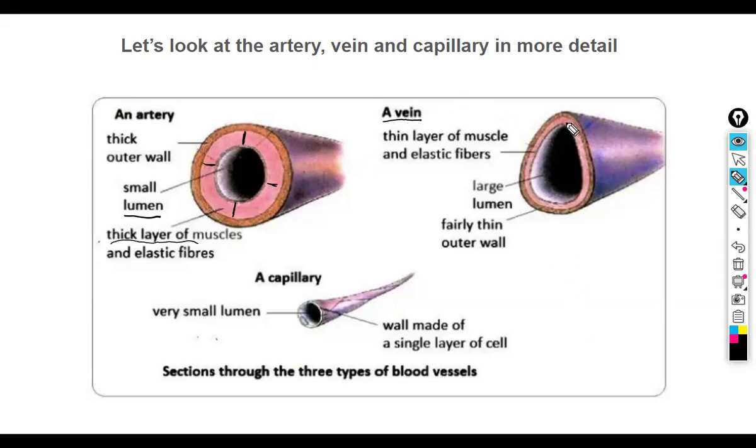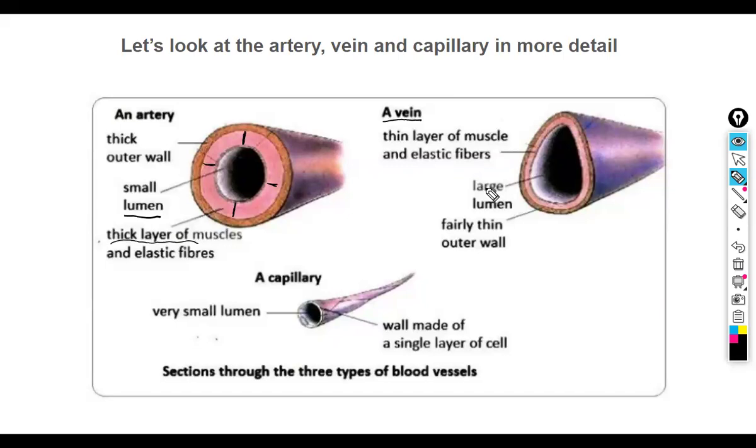The vein, on the other hand, you notice the walls and the muscles are way thinner, but because the muscles and the outer layer are thinner, making it weaker, there is more space for the hole in the middle. So the lumen is actually large. So that's a big difference between an artery and a vein.